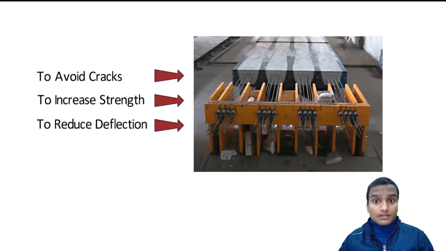Okay. So pre-stressed concrete figure here is shown, and you are seeing some steel reinforcement coming out here, and these steel reinforcements are called tendons in the language of pre-stressed concrete.